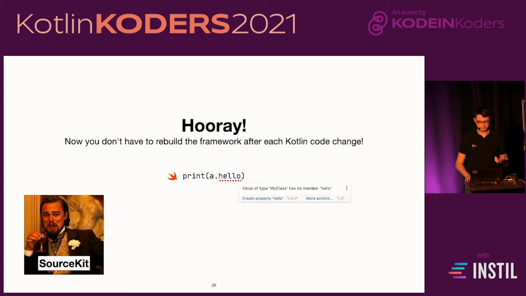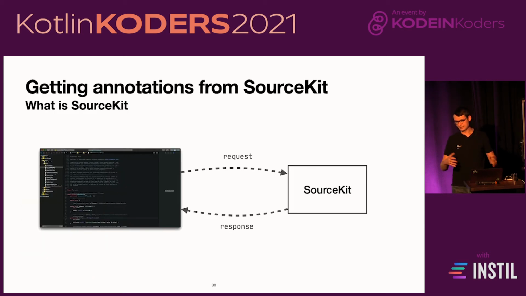What is SourceKit? Who knows what SourceKit is? iOS developers, not fewer than in the previous question. So SourceKit is a language server for Swift. It's like the brain of Xcode for working with the Swift language.